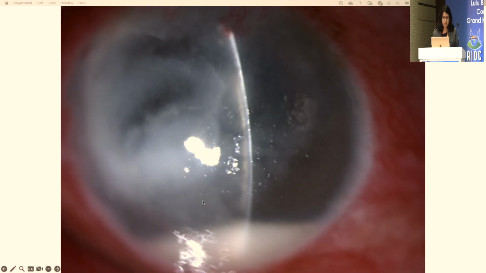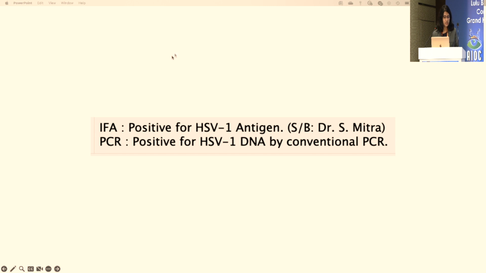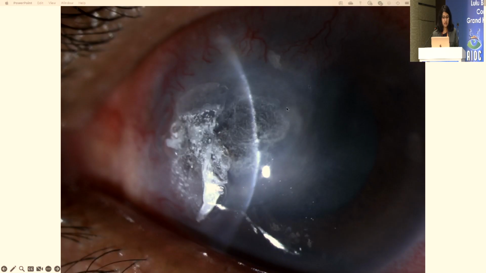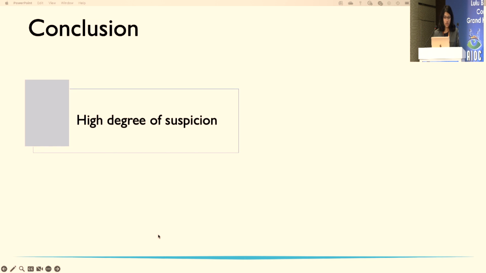On investigations, the patient was positive for both IFA and PCR. Because of the thinning, the patient underwent a TABCL and again responded very well with scarring to oral acyclovir and steroids.